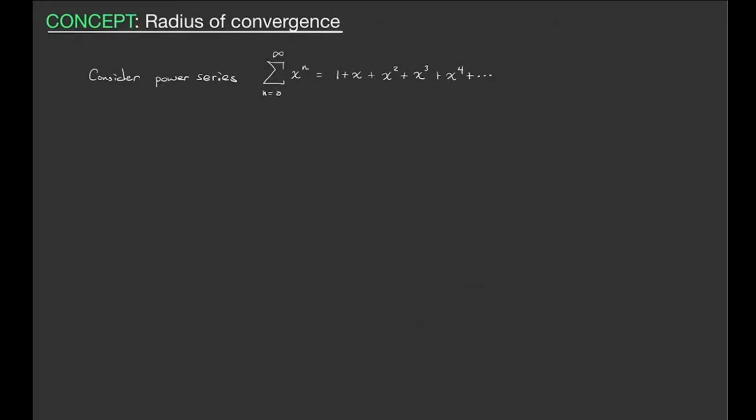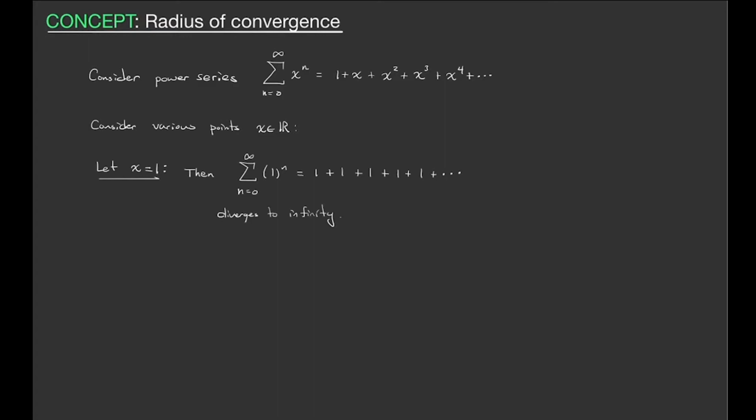Let's say we have the power series here, which looks like the Taylor series expansion about 0 for the function 1 over 1 minus x. For some x values, this may converge and some may diverge. Let's consider various points x that are real numbers and see what we get. If we let x be equal to 1, we substitute that in and we just get an infinite sum of 1s.